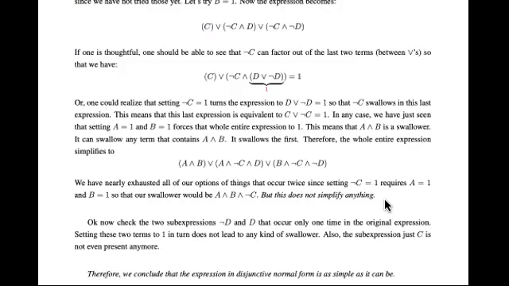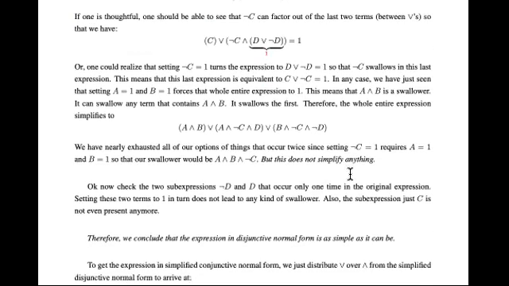If we set that equal to 1, then we would require A and B to be equal. So in order to make this whole expression 1, it doesn't work unless A and B are 1. So that doesn't really help us anymore, so I guess we can't work with that one.